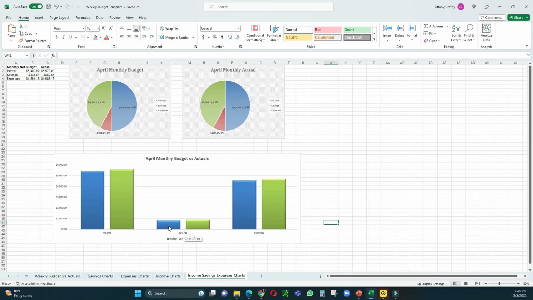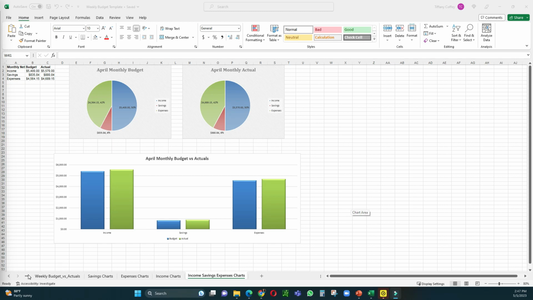And then if you look at your savings, it shows you that you saved 880, which is a little bit over the 835 you expected to save. Of course, you did go over a little bit in your expenses. So it tells you that's something that you might want to watch out for.